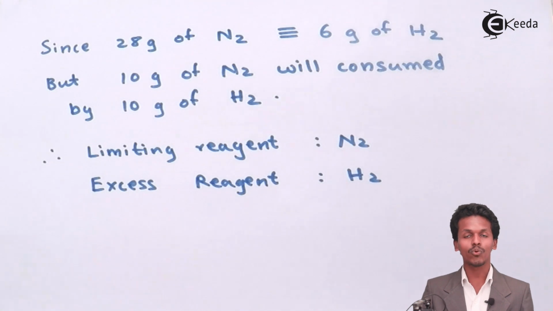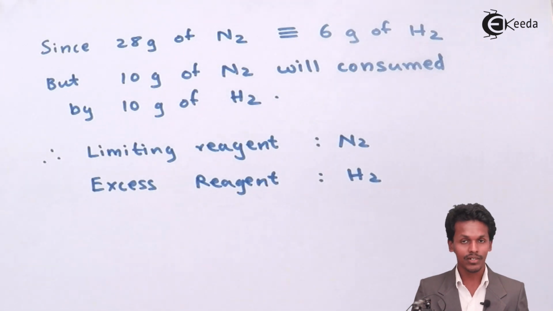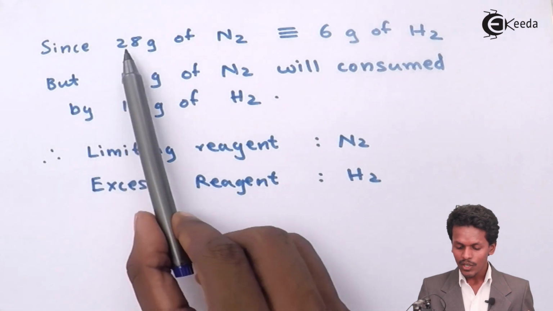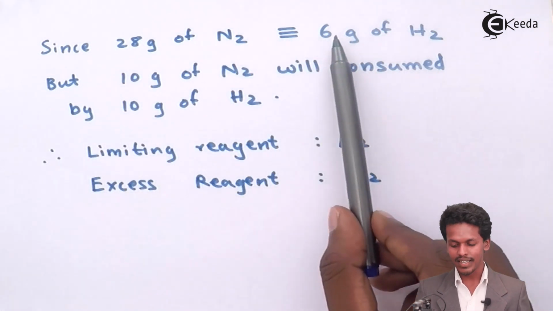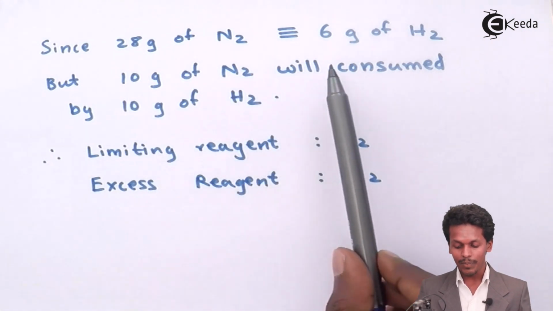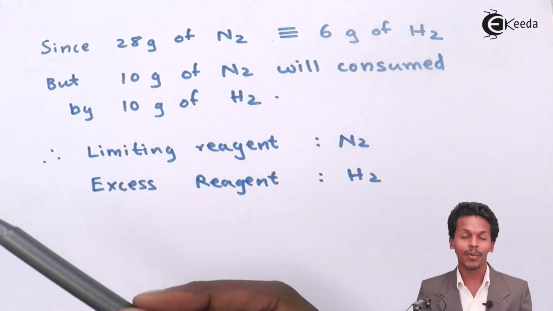But we have to calculate how much of the hydrogen is being reacted with 10 gram of nitrogen. So how can we do this? It is very easy to understand. Suppose 28 gram of nitrogen is being reacted with 6 gram of hydrogen. Therefore 10 gram of N2 will be reacting with Y gram of hydrogen.